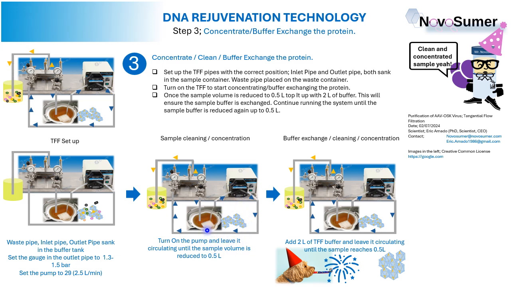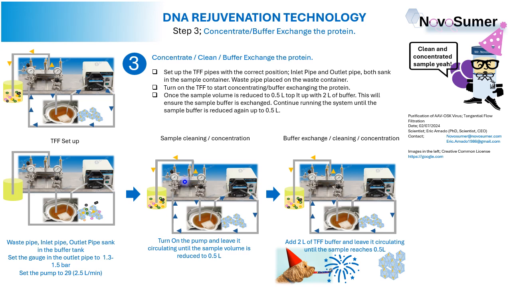Let's see how it works. Okay, let's remember it a little bit. So we will have the sample here. It was a little bit contaminated, as you see here, and it goes from the inlet pipe to the pump that is on, from the pump to the TFF. In the TFF, remember, you have a membrane, and this membrane has pores.